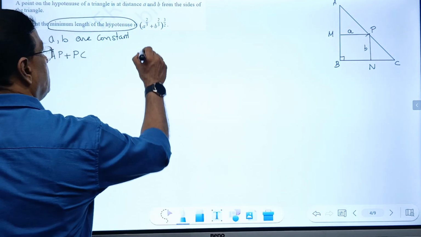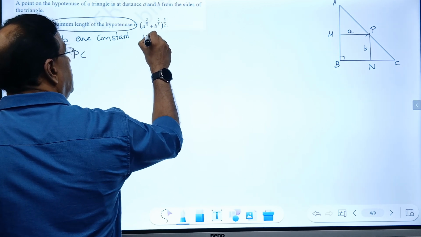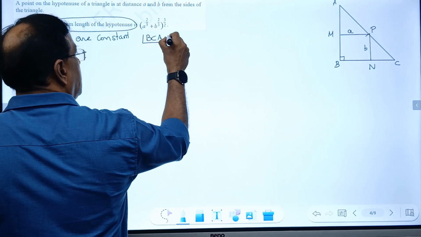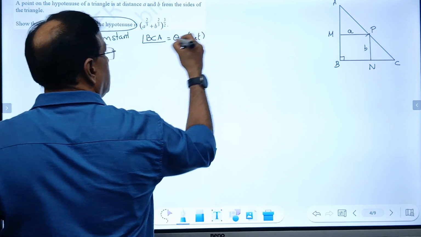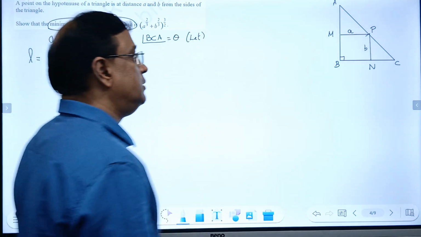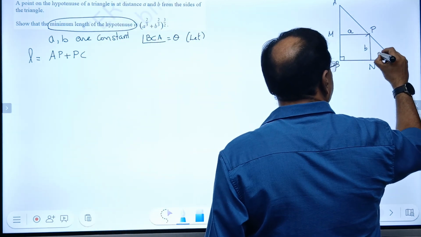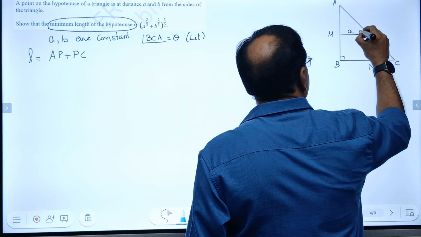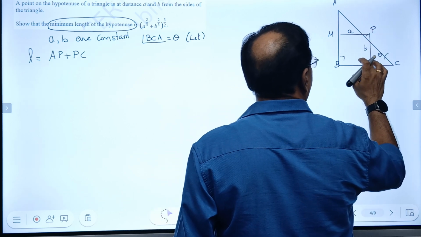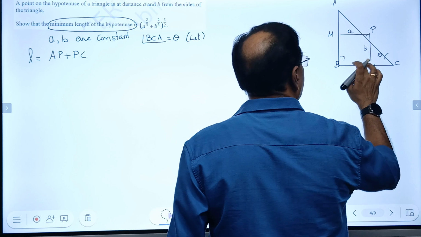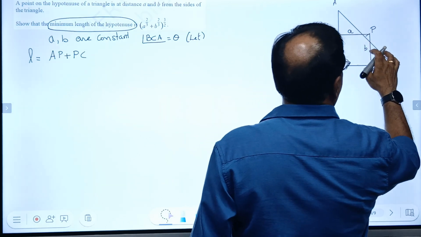Now further what I do, I am going to use trigonometry. I will take angle BCA as theta. Okay. I am letting angle BCA to be theta. So that means this is theta. So if this is theta, obviously this also will be theta, right?